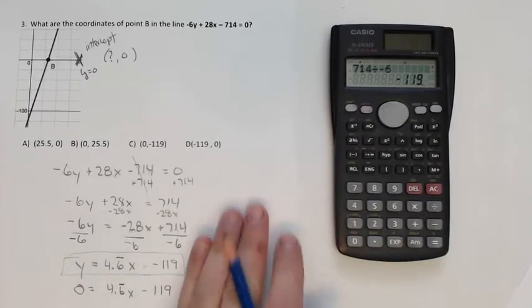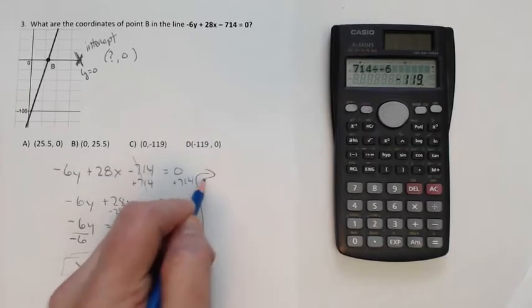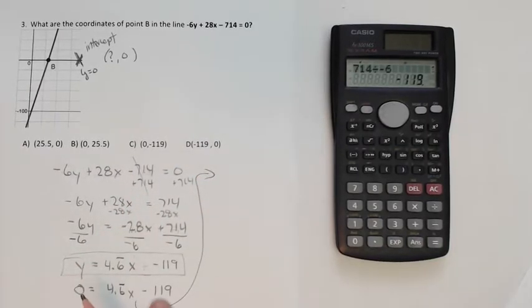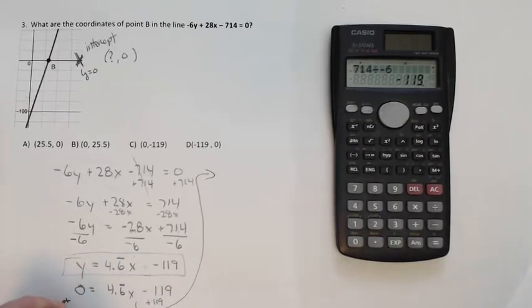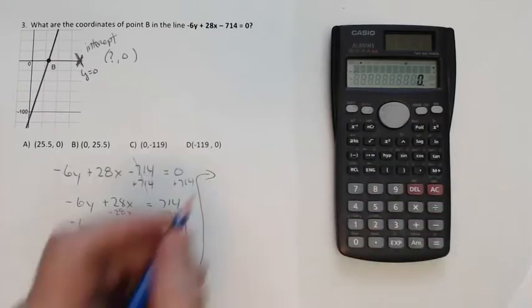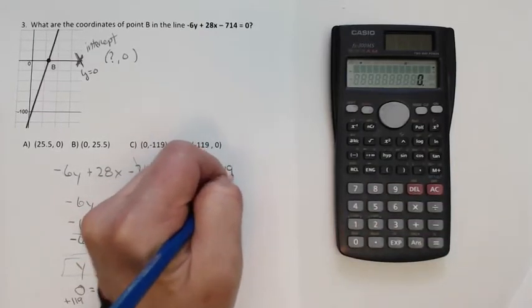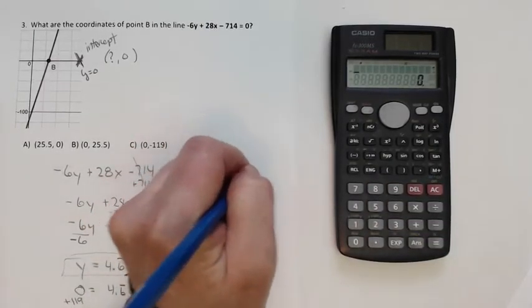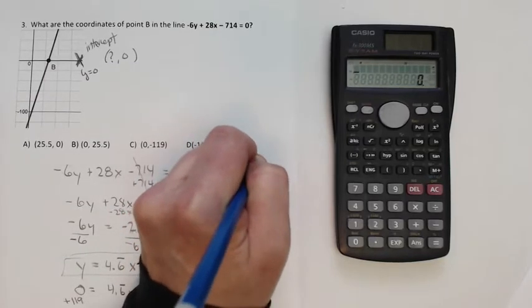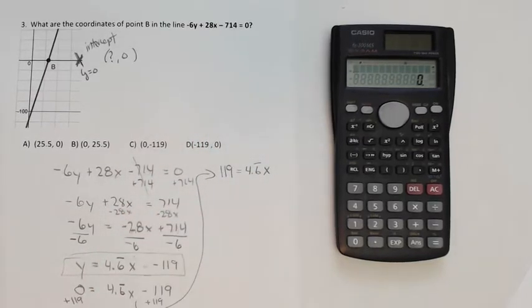I'm going to come over here on the right and finish that off. So I'm going to add 119 there, and I'm going to add it there, and that's going to give me 119 positive is equal to 4.6 repeating x.